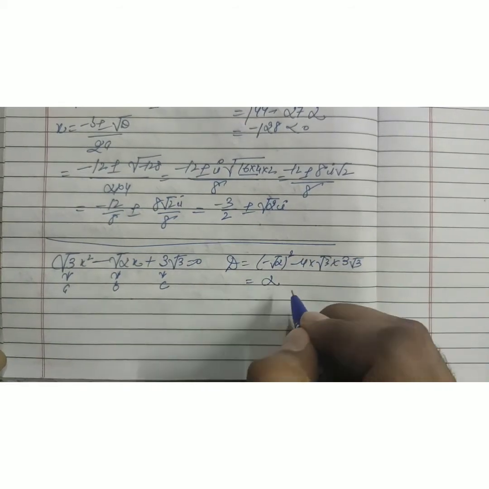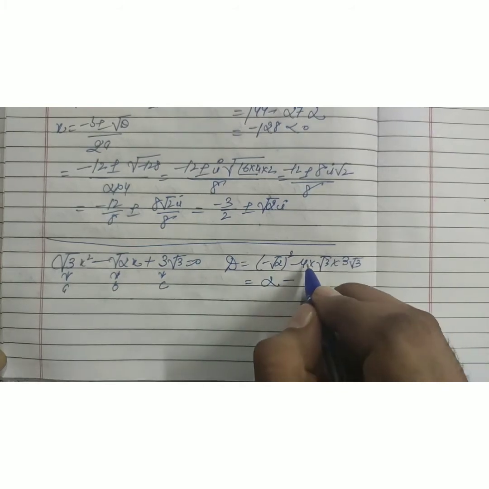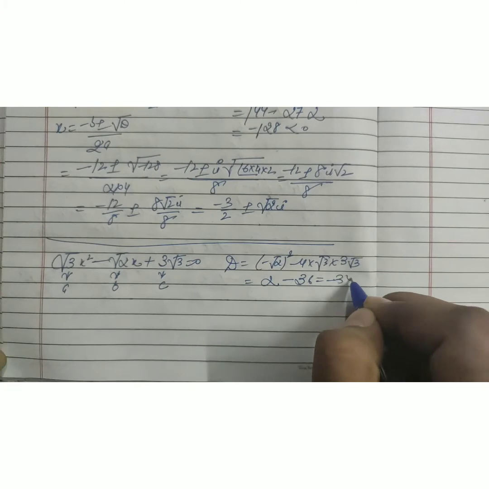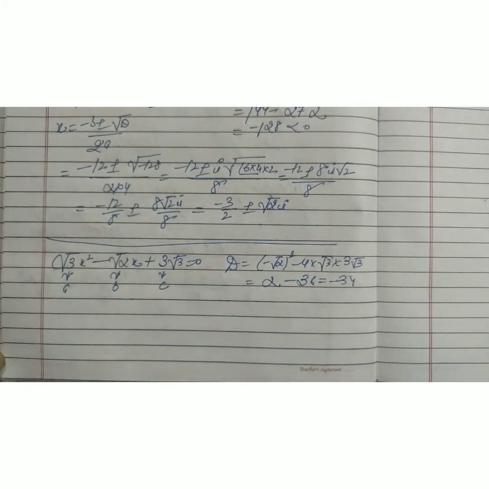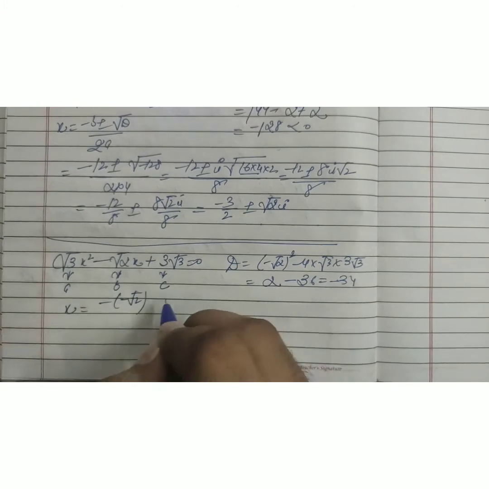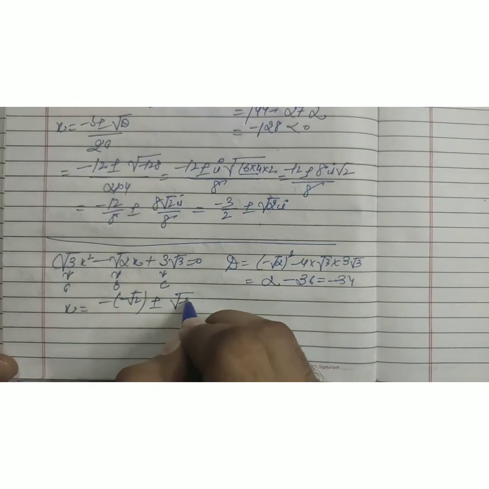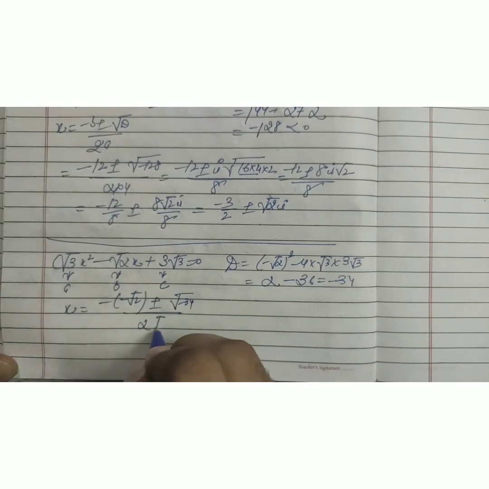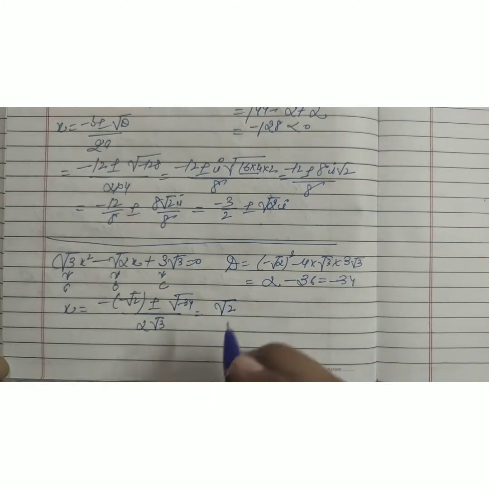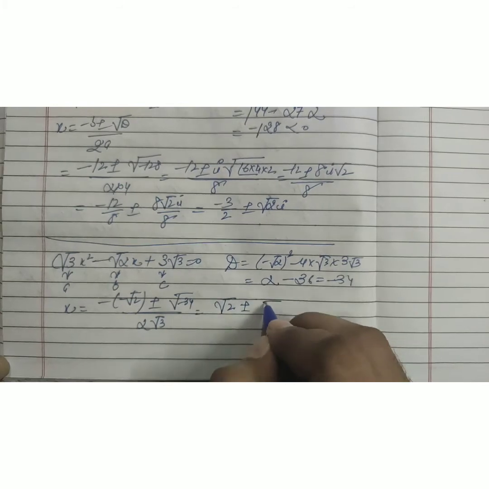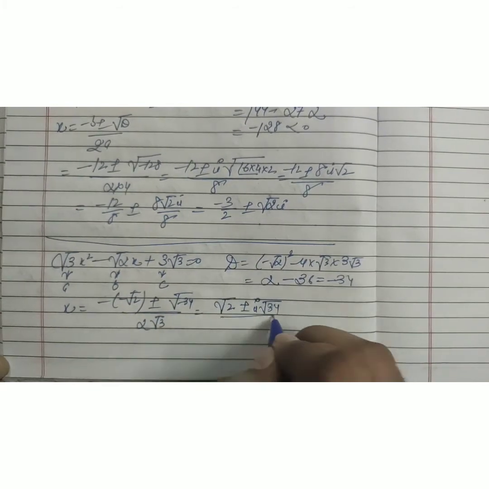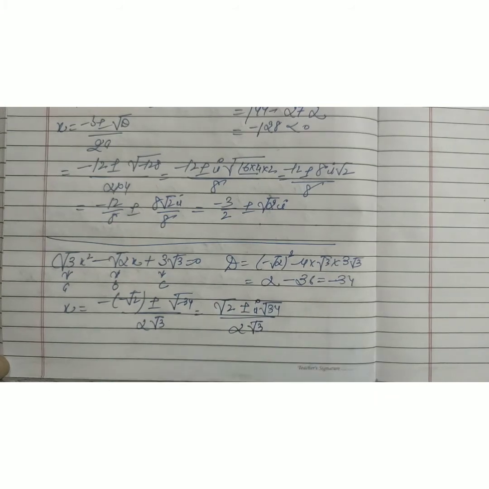So the value becomes overall 2, then 4 times 3 is 12, times 3 is 36, overall minus 34, which gives us imaginary roots. Given by x equals minus of b plus minus square root of d divided by twice of a, it becomes plus square root 2 plus minus square root 34, for the minus symbol inside iota, divided by 2 square root 3.